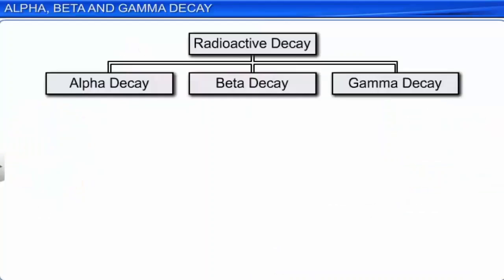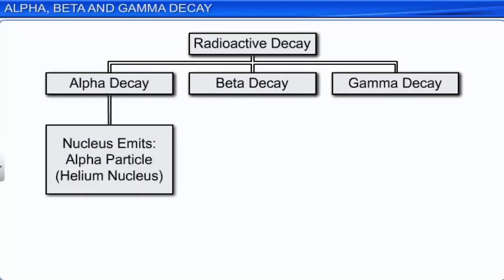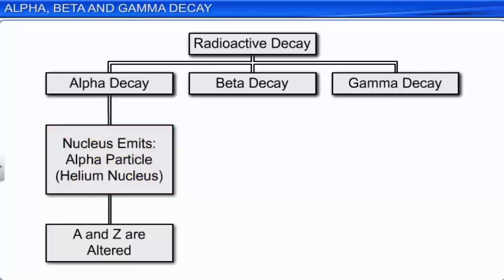To summarize, an unstable nucleus undergoes radioactive decay to attain stability. In alpha decay process, a radioactive nucleus emits an alpha particle, which is a helium nucleus. Here, the mass number A and atomic number Z are altered.